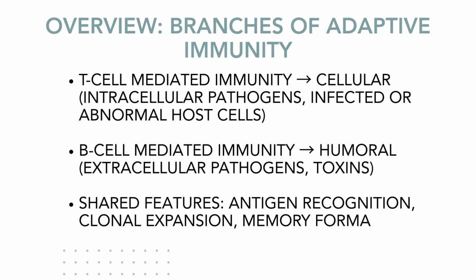Overview of adaptive immunity. Adaptive immunity has two major branches. The first is T cell mediated immunity, which deals with intracellular pathogens such as viruses and some bacteria. The second is B cell mediated or antibody mediated immunity, which primarily targets extracellular pathogens and toxins.